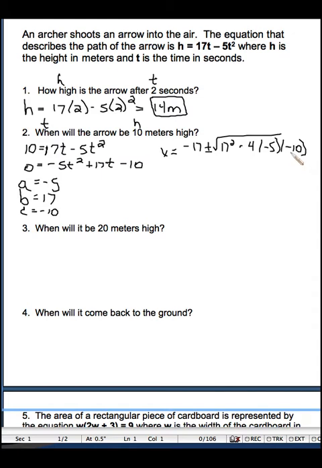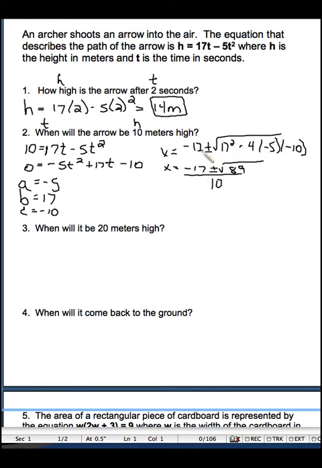Okay? So we end up with x equals negative 17 plus or minus the square root of 89, and all that's going to be over 2a. I forgot to put this over 2 times 5, which is 10.